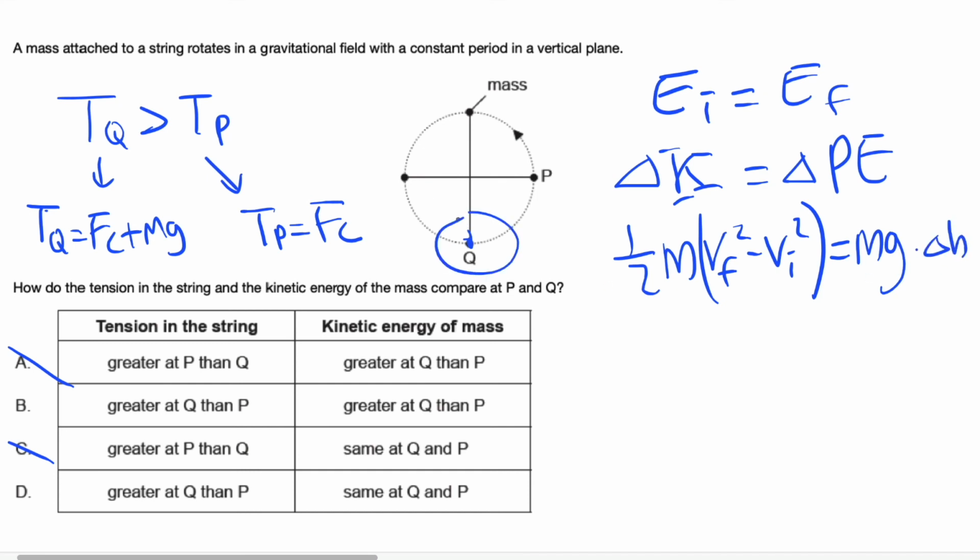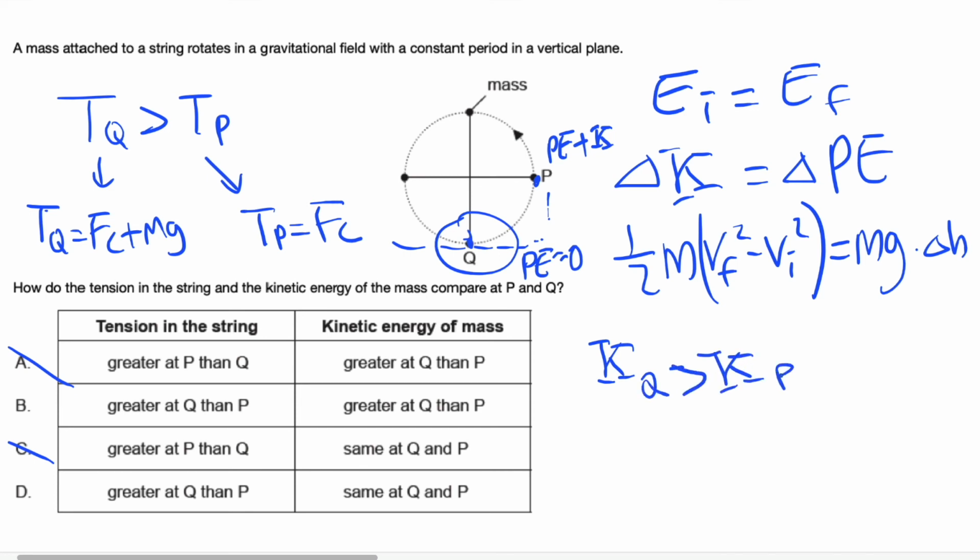And here, this is the lowest point, so it has a potential energy of 0, so everything is kinetic energy. But here, it has some potential energy and some kinetic energy. So kinetic energy at Q is greater than kinetic energy at P. So B is the answer.